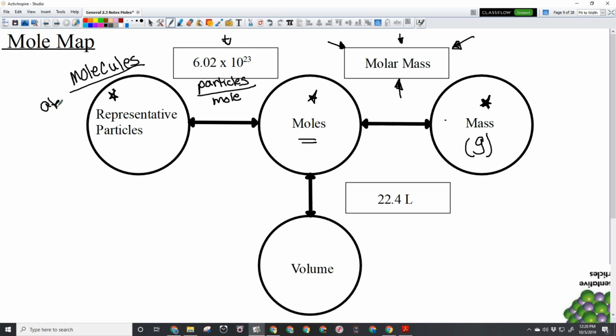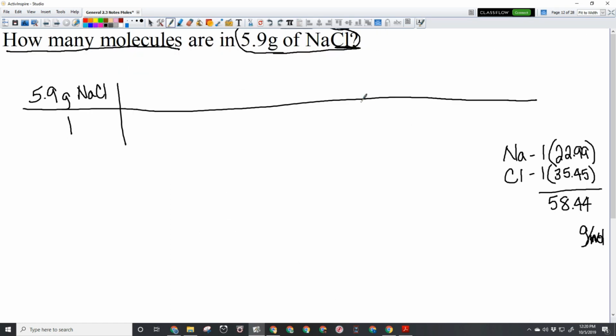So we can use atoms, molecules, or formula units. Particles per mole, so I don't want that to confuse you. So 6.02 times 10 to the 23rd particles is equal to 1 mole. All right, so we have our conversion factors set up and we can start this problem.